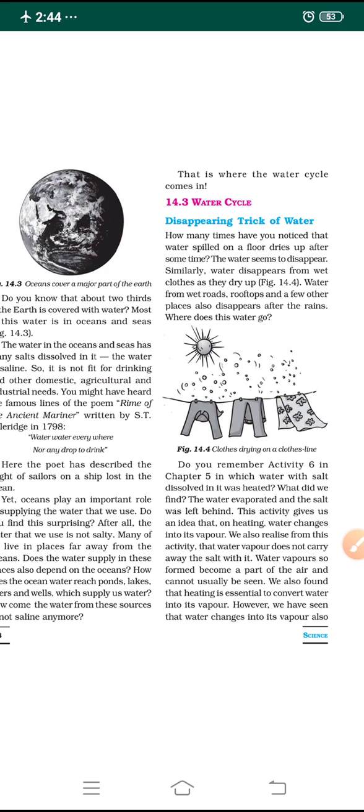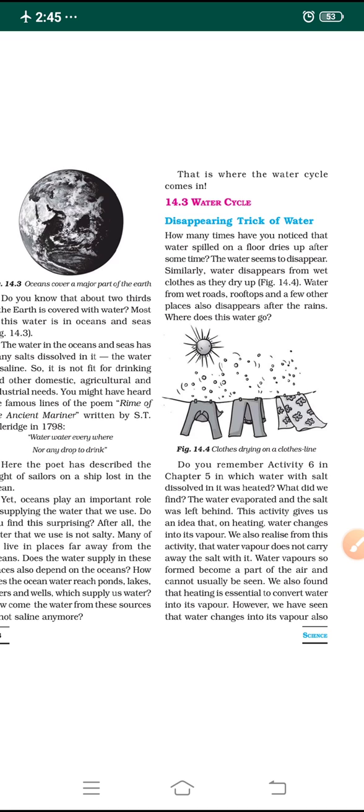This activity gives us an idea that on heating, water changes into its vapor form. We also realize from this activity that the water vapor does not carry the salt away with it.